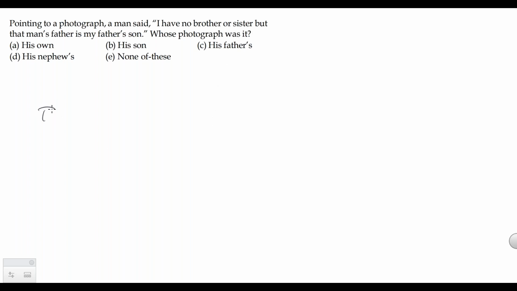that man's father. Who is that man here?